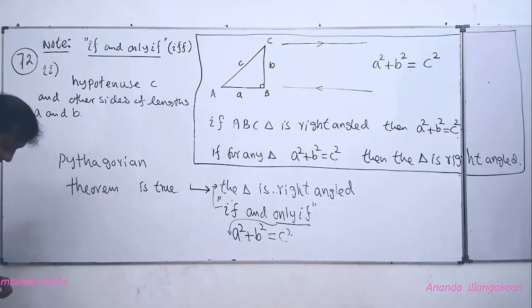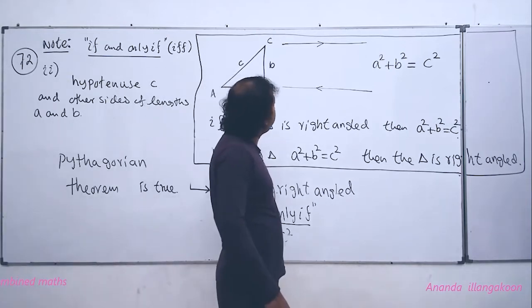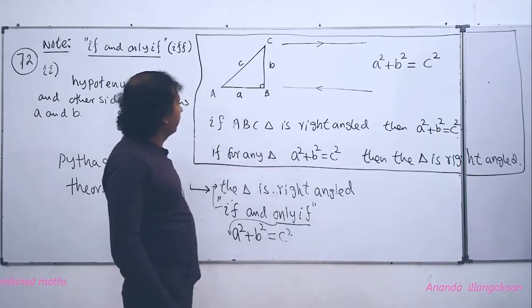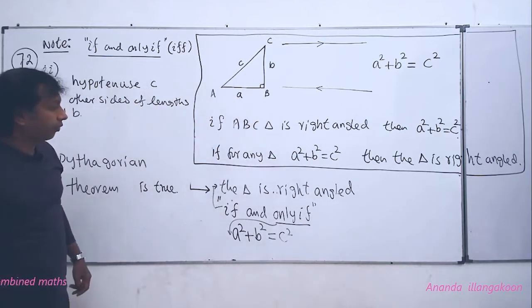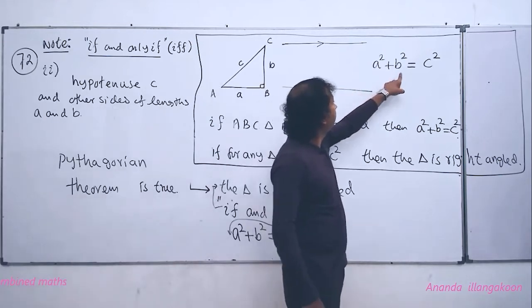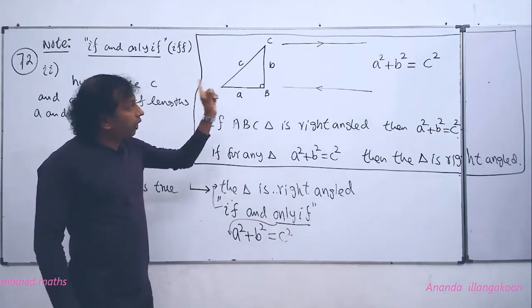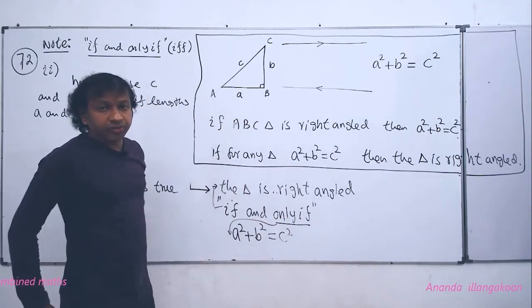First, draw this right angled triangle, and write down this result. Put the rightward arrow and the leftward arrow.